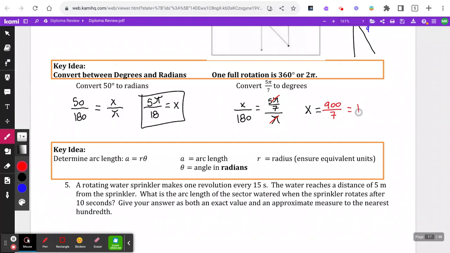As a decimal, it'd be 128.6 degrees. I rounded it; it was 128.57 something. Just remember, you're making equivalent fractions. 180 equals pi on the bottom. So the exact value would be 900 over 7. Who chose to divide by 7? That's all. My bad. Thank you.